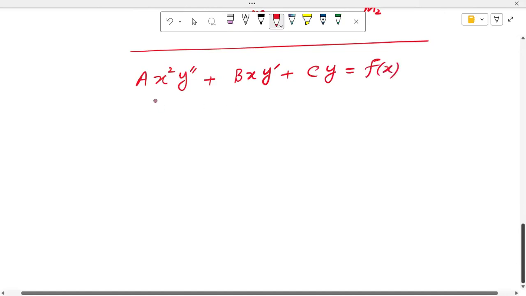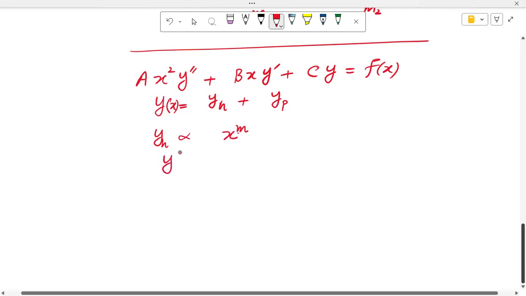So in order to write the complete solution y as a function of x, there is going to be a homogeneous part and there is going to be a particular integral. So for homogeneous part, we will consider that there is going to be a solution which is proportional to x raised to the power m.